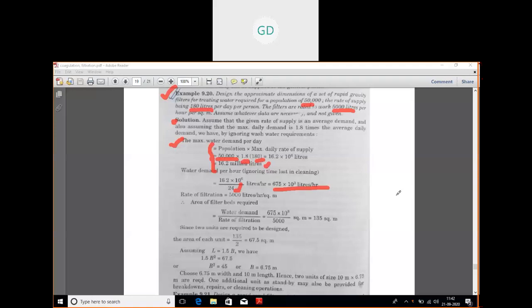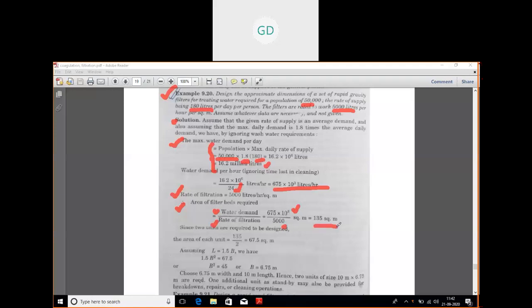The rate of filtration is given as 5,000 liters per hour per square meter. Now you can find out the area, similar to what you did for slow sand filters: water demand divided by rate of filtration. So 675 divided by 5,000 gives you 135 square meter.